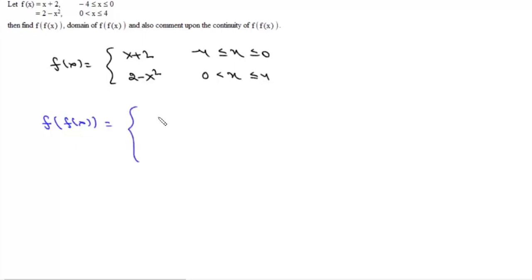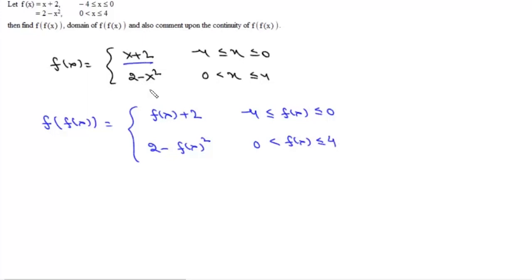Now f of f(x) is f(x) plus 2 when f(x) lies between minus 4 and 0, and it will be 2 minus f(x) square when f(x) is greater than 0 but less than 4.